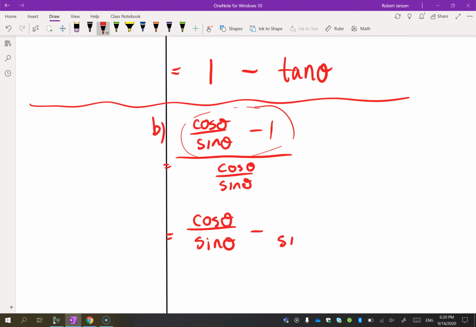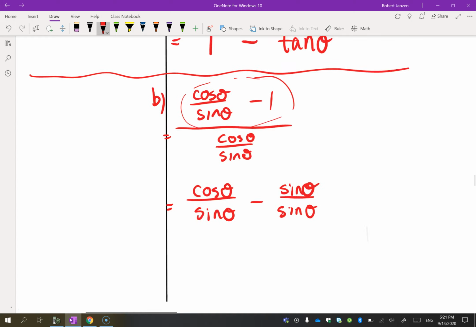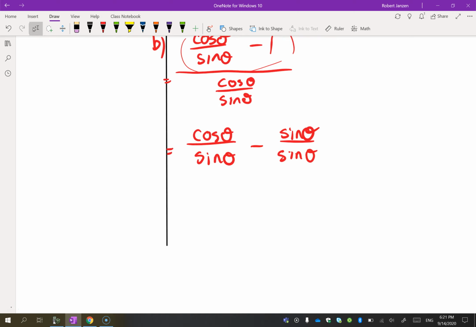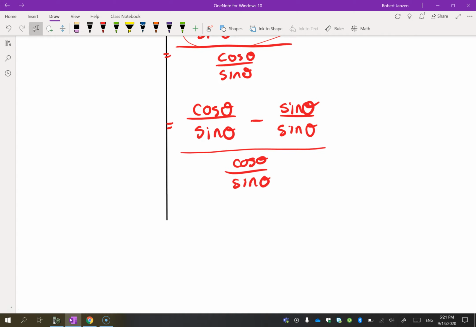And since the denominator we need is sine, 1 becomes sine over sine. And then this would be cos over sine. By the way, if you forget a theta, you lose half a mark.